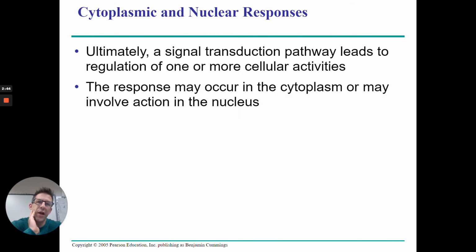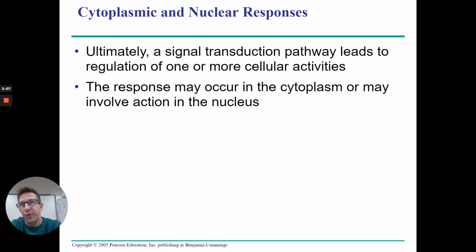So the cytoplasmic or nuclear responses are going to give you different types of reactions, okay? They're not necessarily chemical reactions, but reactions inside the cell, different types of things happening. For instance, cytoplasmic responses oftentimes happen to regulate some kind of metabolic function.